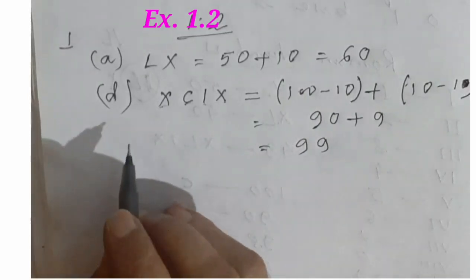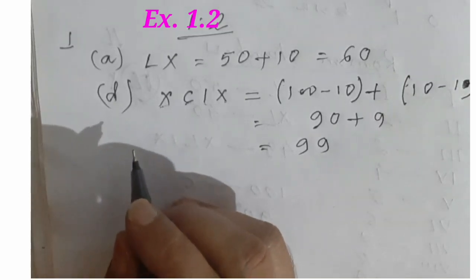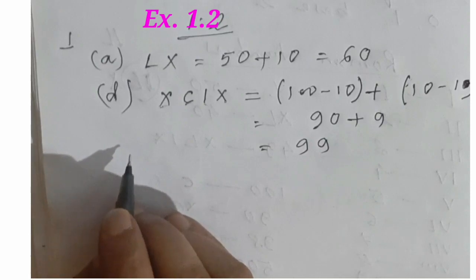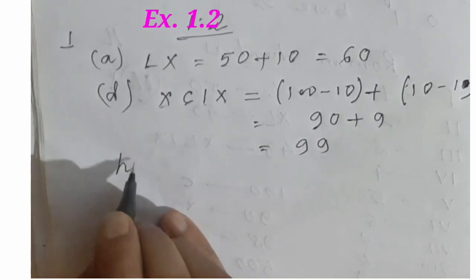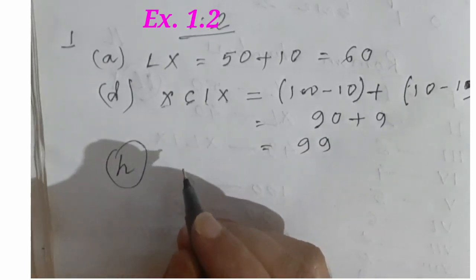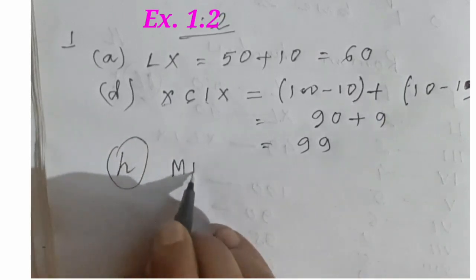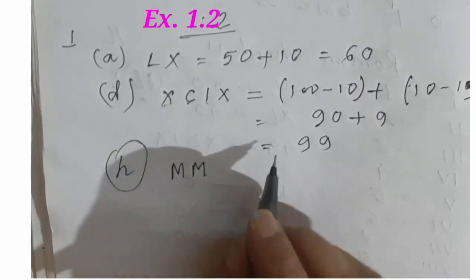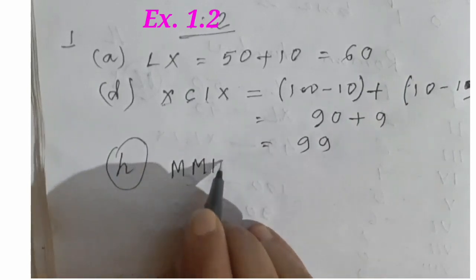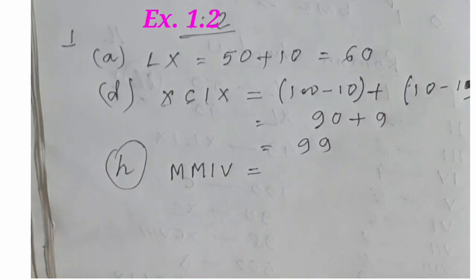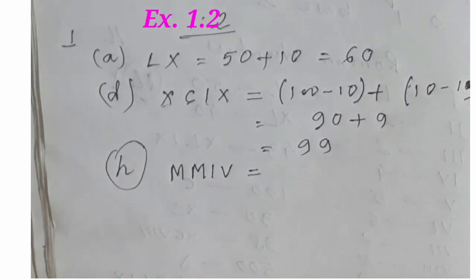Okay, now next one is H. Suppose H. What is given in H? H, M and then I B. What does it become?